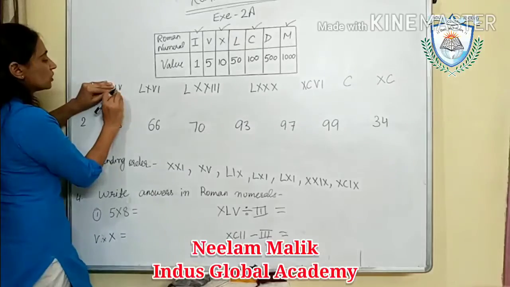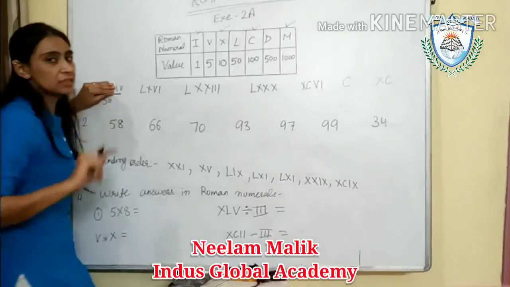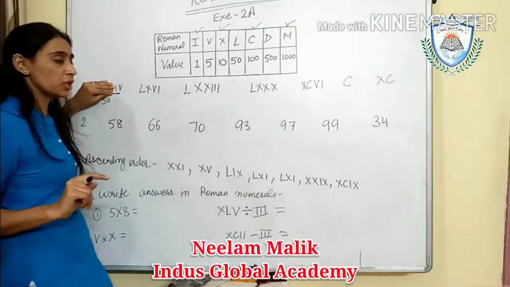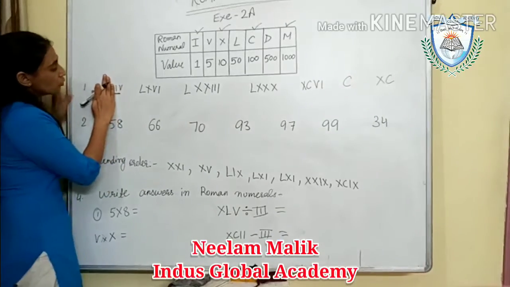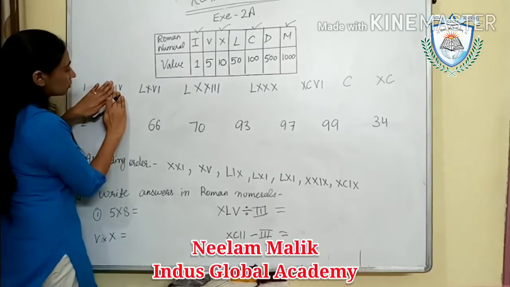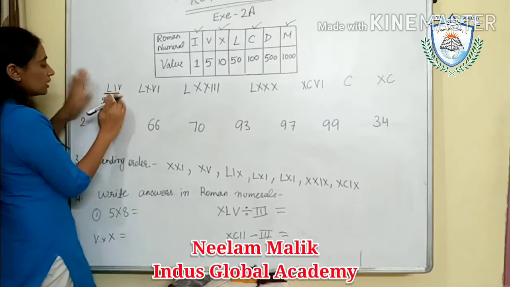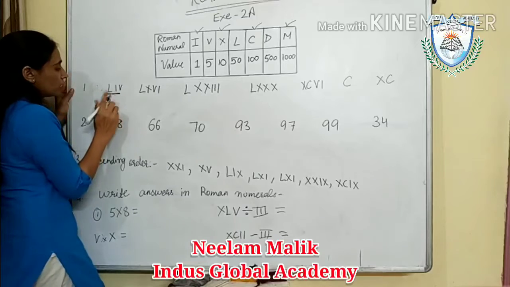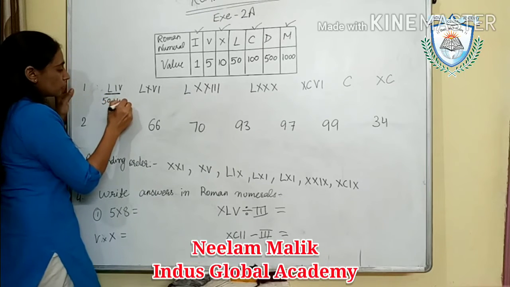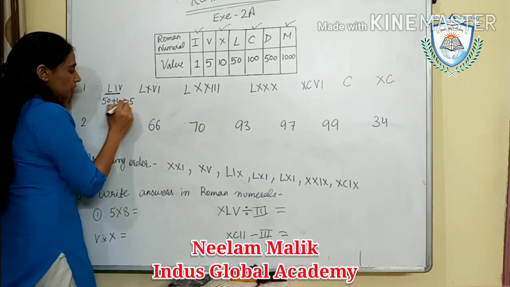So it will always be considered with the numeral on the right hand side of that smaller one. Here you know this is 5 minus 1, so this will be 4. So 50 plus 4, so this will be 54.